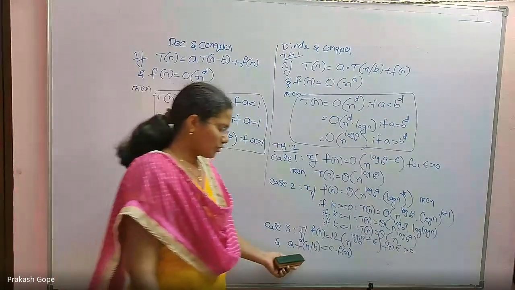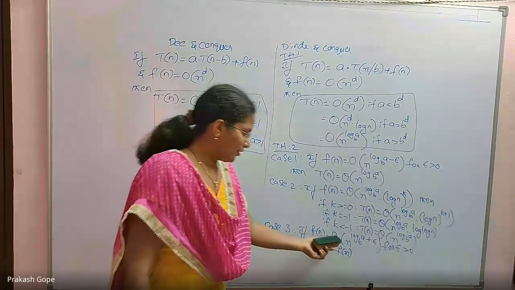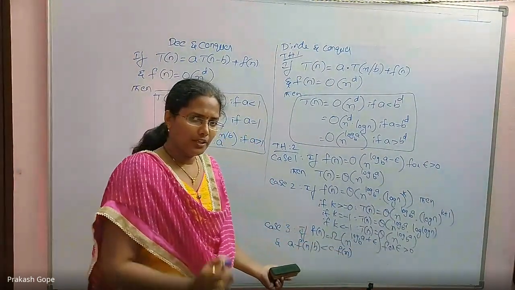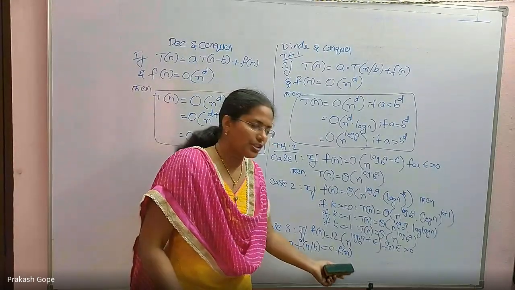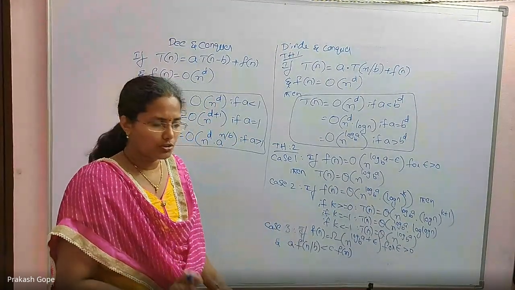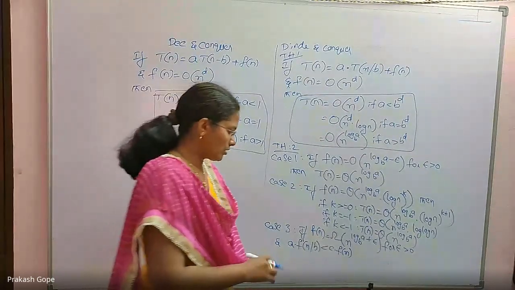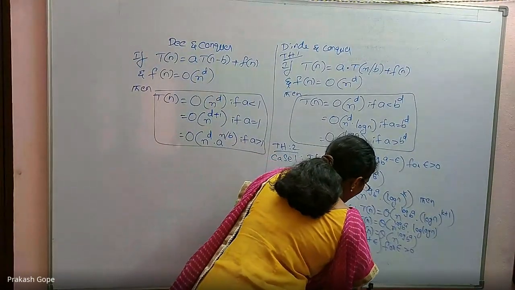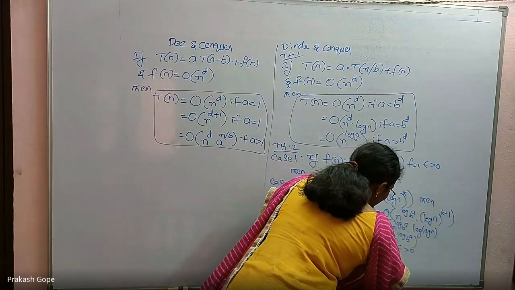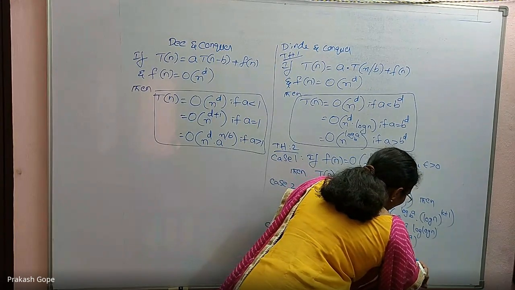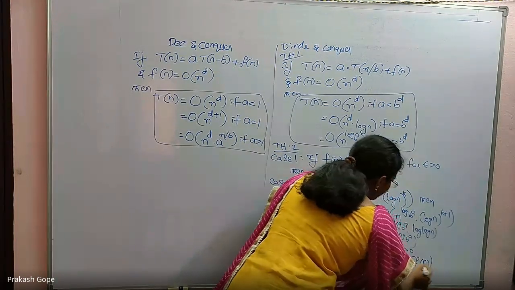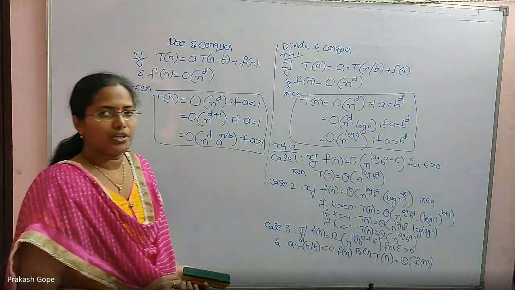Okay, so if the first condition is true, 99.9% the second condition is also true. Even if you don't check, that's okay, but we will anyway check because it is there in the theorem. Okay, then T of n is equal to theta of f of n.